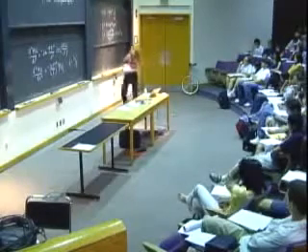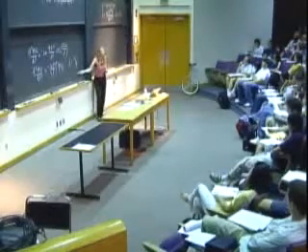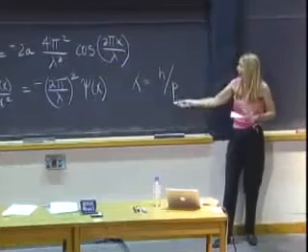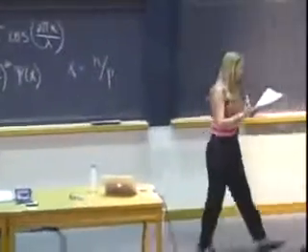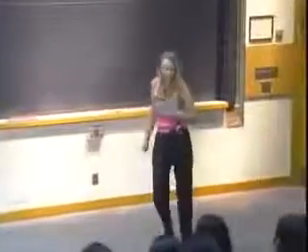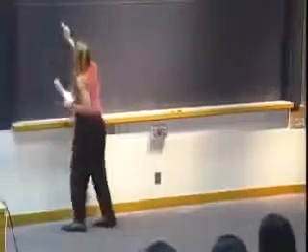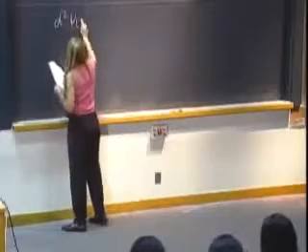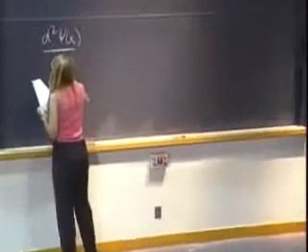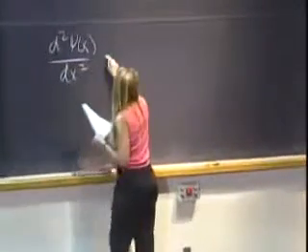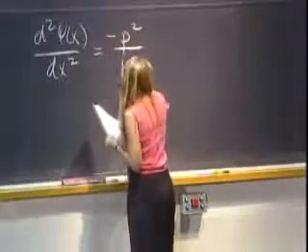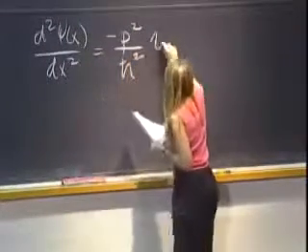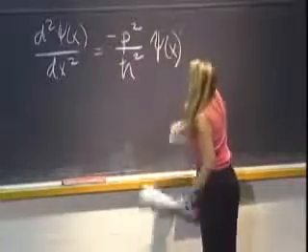So what can I do here? Well, I can rearrange this and write it in terms of the momentum of the particle. So, second derivative of psi of x with respect to x is going to be minus p squared over h bar squared times psi of x.